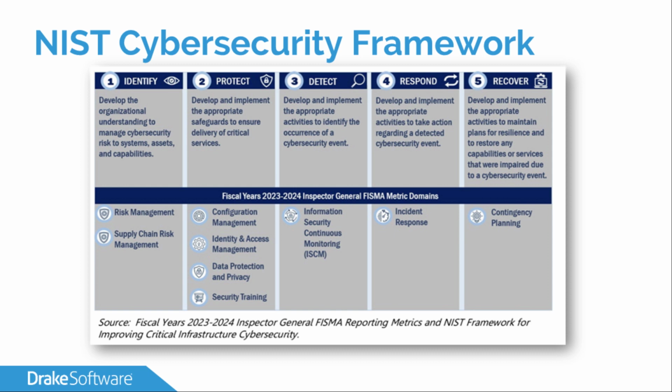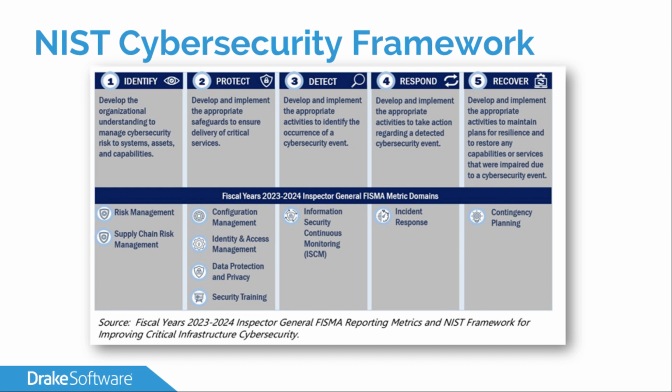So NIST CSF has 5 different areas. The first is to identify. It is amazing how difficult it can be to actually just take a step back and look at your environment and try to get an understanding of what assets you have in play, how you're connecting to various assets, and what you need to do in order to understand the resources that you have available to you.